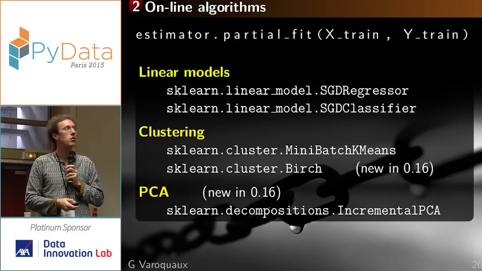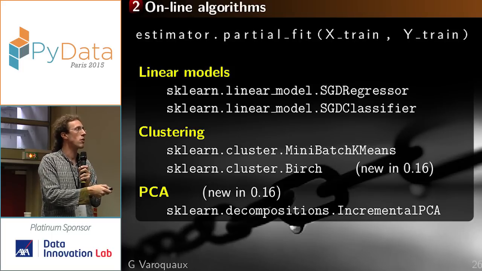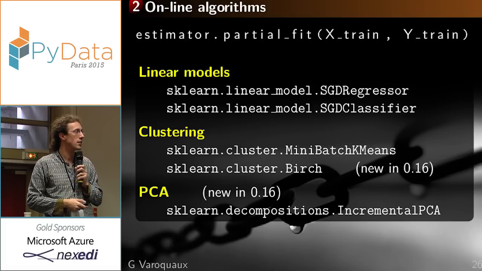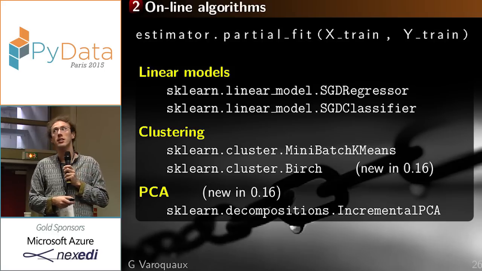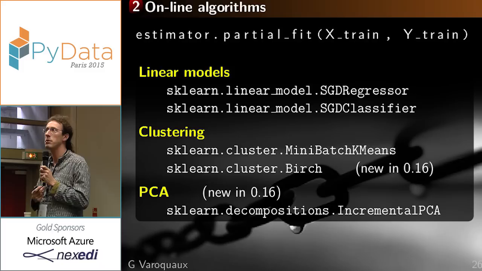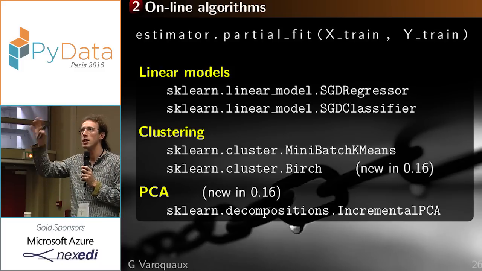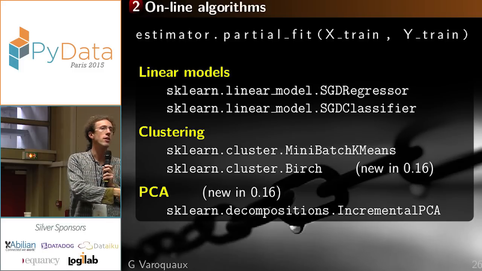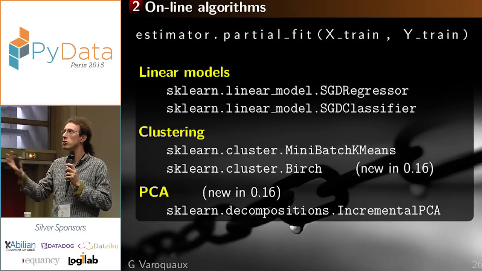The algorithms that can do this, and I don't think this list is exhaustive, are linear models with stochastic gradient descent, SGD, for regression and classification. We have 2 clustering algorithms that can do this, and new in the release that just happened, we have an incremental PCA. PCA, principal component analysis, is basically a data reduction algorithm, and we now have one that will work out of core. So this can be really useful to reduce huge data sets.